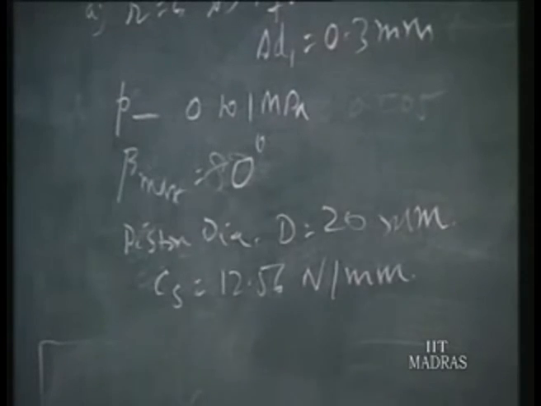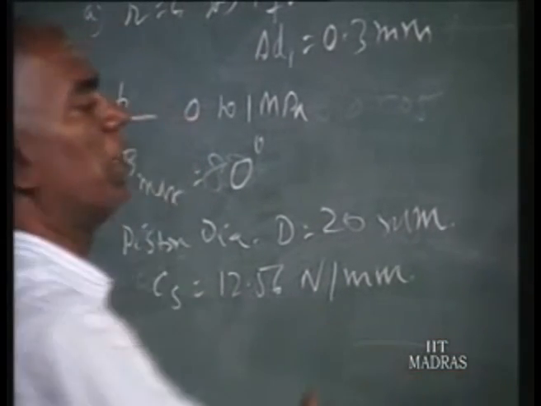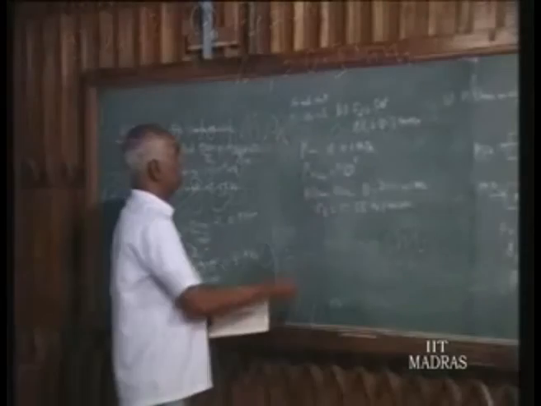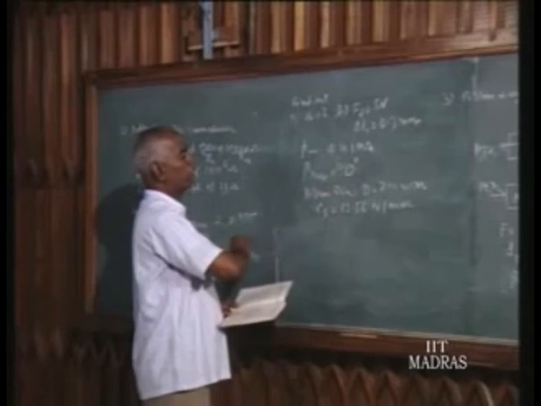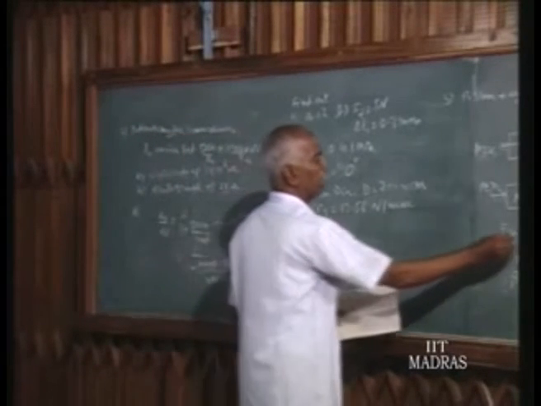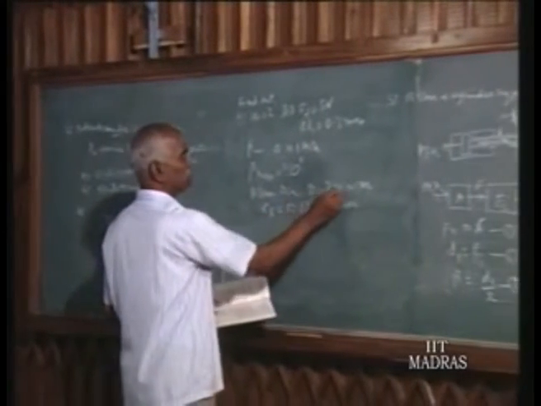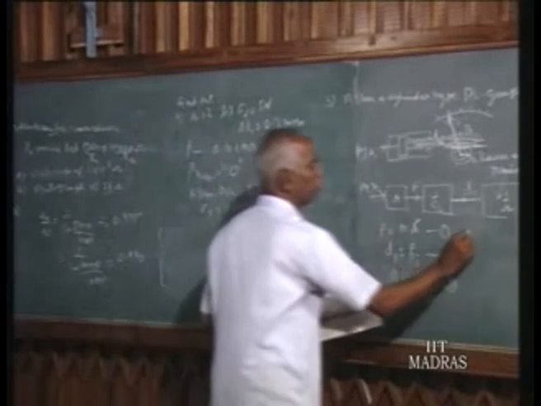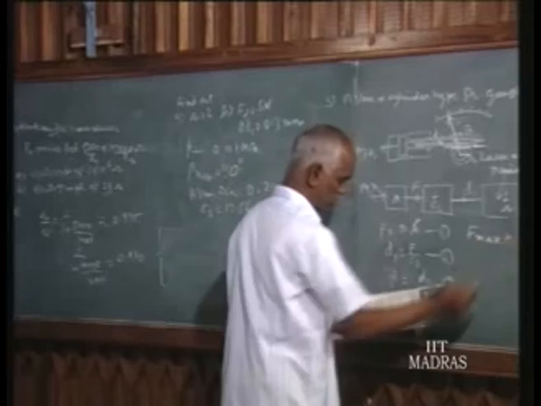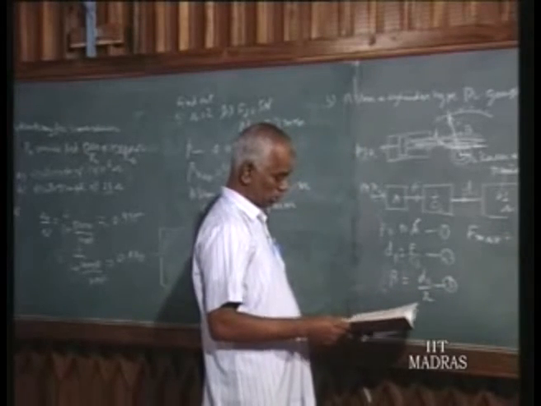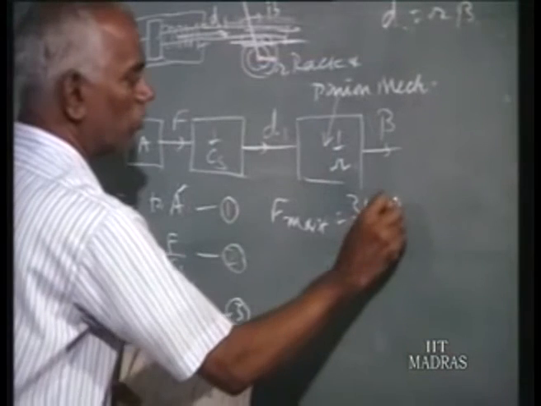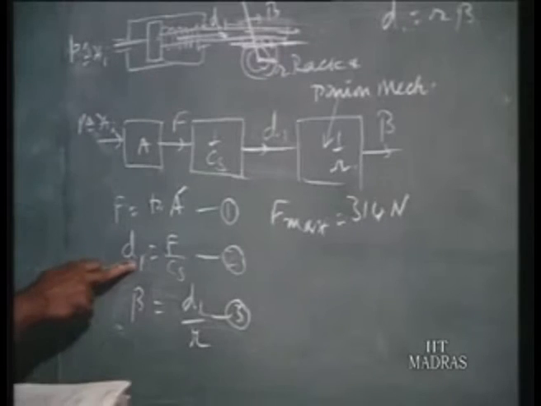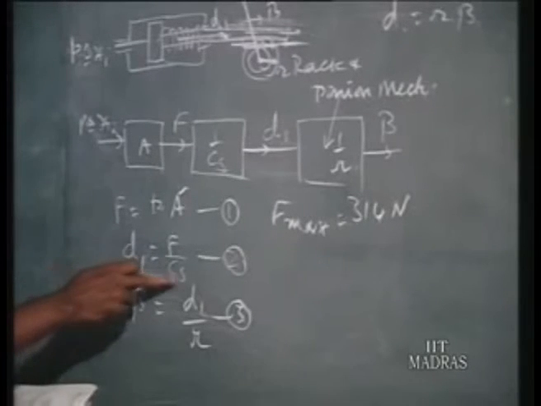Now we are asked to find out the total error in terms of the input signal, and what the least count should be. To obtain that, we use the maximum values. P maximum is known, 1 megapascal, beta maximum is known, and the area is known since the piston diameter is given. So for a P maximum of 1 megapascal, what should be F maximum? We can find out from this equation. F maximum is around 340 Newton. Once F maximum is there, D1 maximum you can obtain because Cs is given.